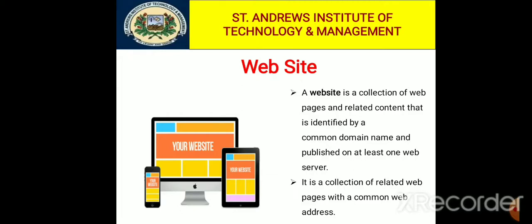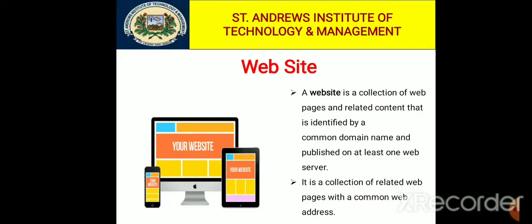Websites are typically dedicated to a particular topic or purpose, such as news, education, commerce, meaning e-commerce or online shopping, entertainment or social networking. So hyperlinking between web pages guides the navigation of the site, which often starts with the home page.